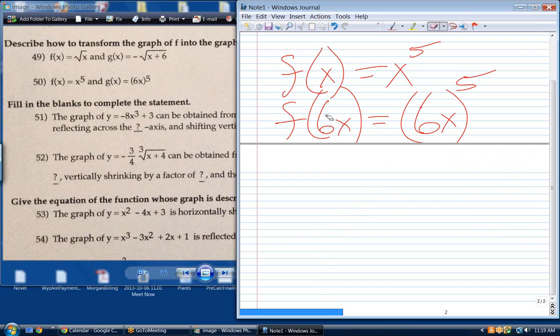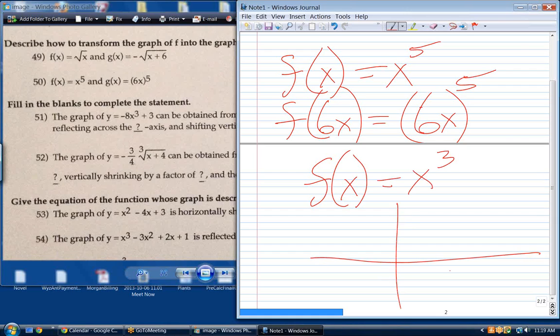If the constant is inside the function like this, it acts as a horizontal shrink. Not a horizontal stretch, but a horizontal shrink. So whatever x to the fifth looked like, let's take an easier one. Let's say f of x is x cubed.